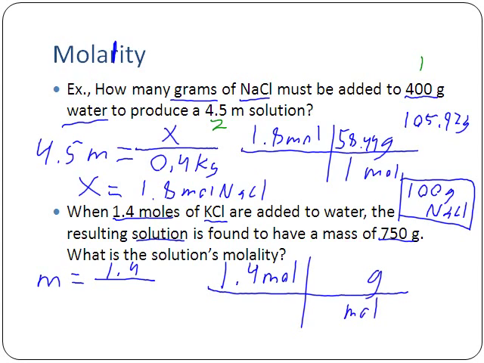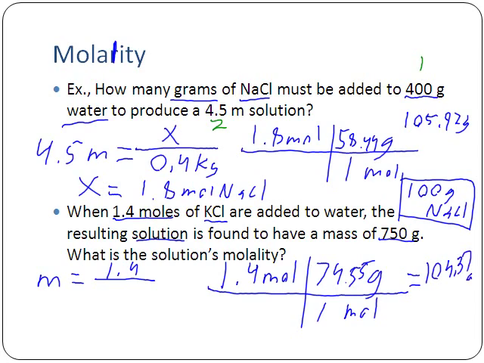Taking a look at our periodic table, because that's how we convert from moles to grams, we see potassium has a mass of 39.1. So we take 39.1 plus chlorine, which is 35.45. That gives us 74.55, so 74.55 grams in 1 mole. 74.55 times 1.4 gives us 104.37.